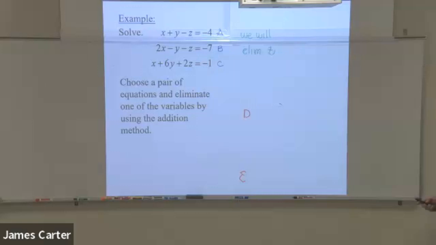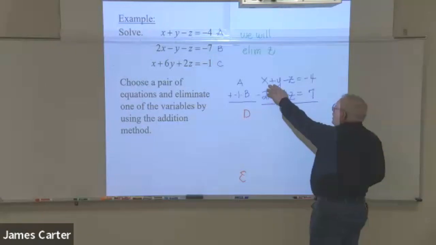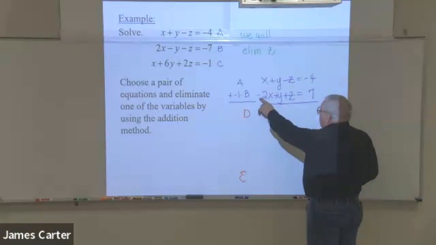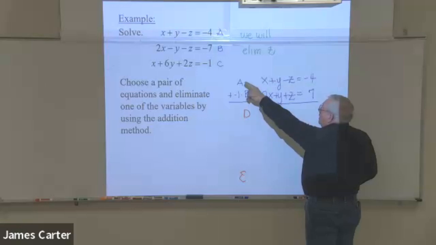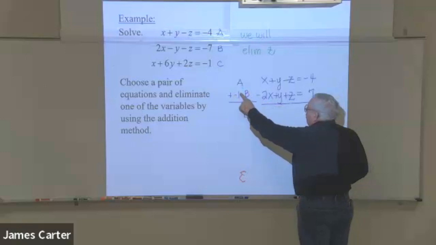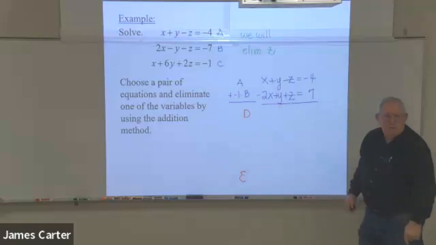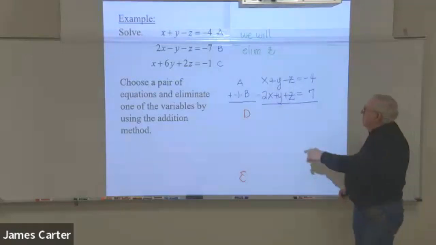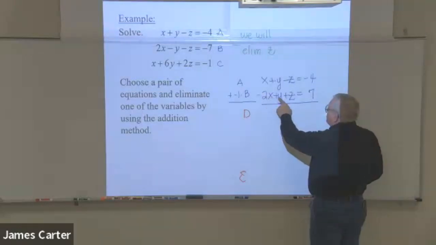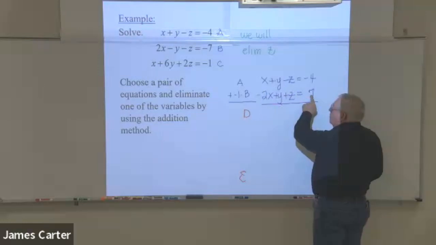Okay, so I'm going to use equation A and equation B. Now, equation A I brought down just like it was, but equation B, so I would have an opposite pair, I multiplied all of equation B by a -1, making this -2x plus y plus z and +7.